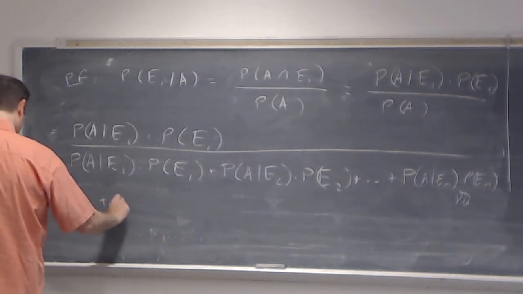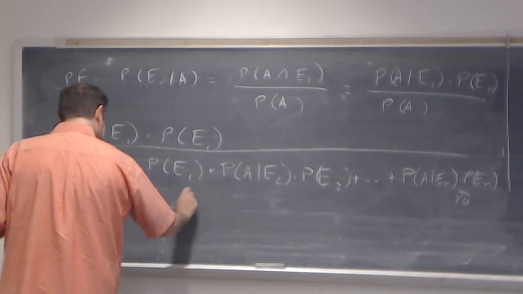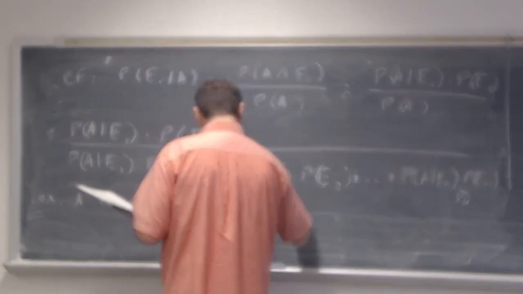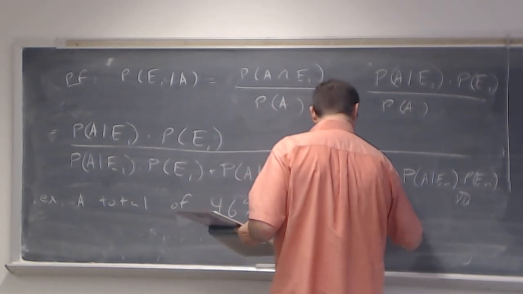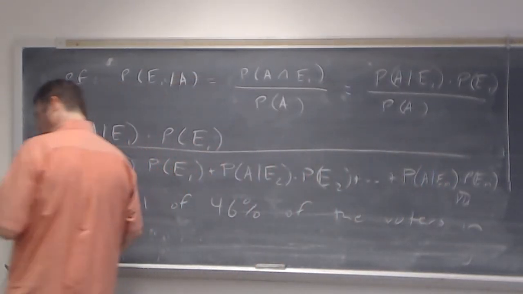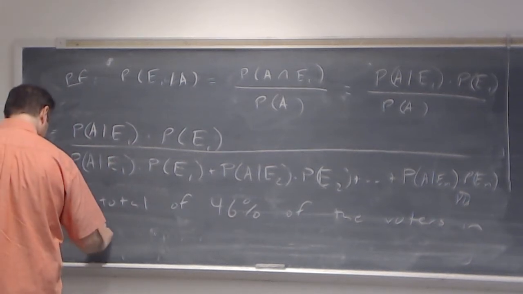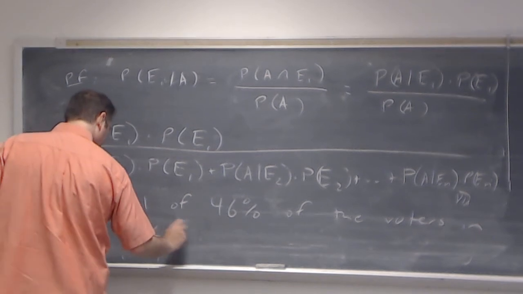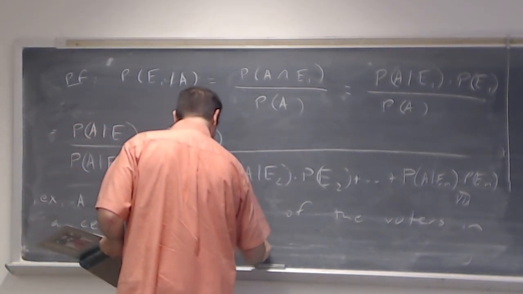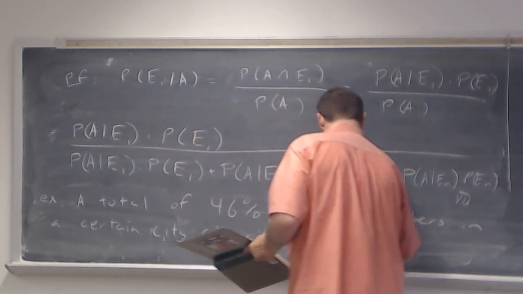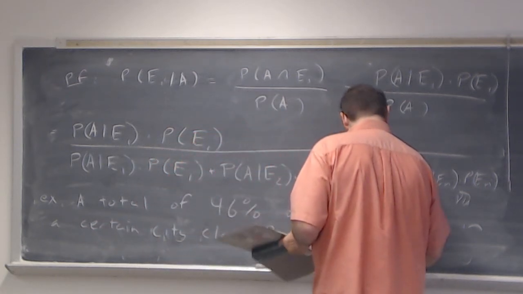It says a total of 46% of the voters in a certain city classify themselves as independents.